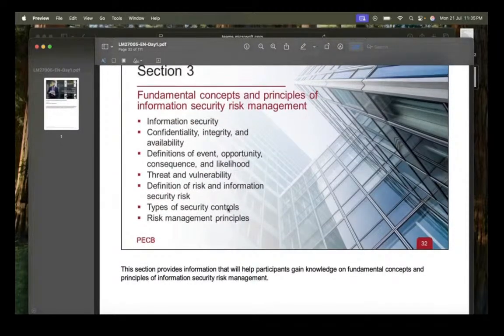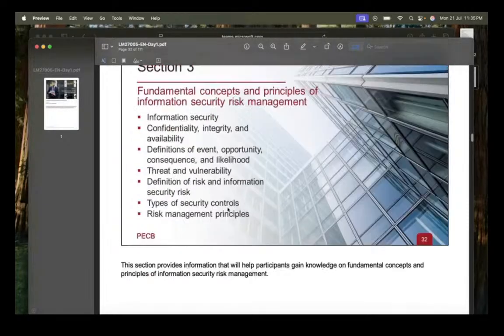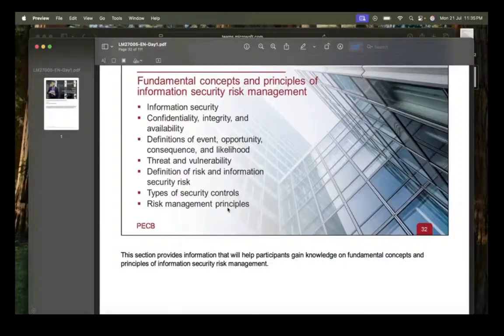After completing that, we went to section 3, which is the fundamental concepts. In this section 3 we discussed the definitions that are going to help us further, such as confidentiality, integrity, and availability. That triangle we discussed, and then the definitions of event, opportunity, consequence, threat, and vulnerability.